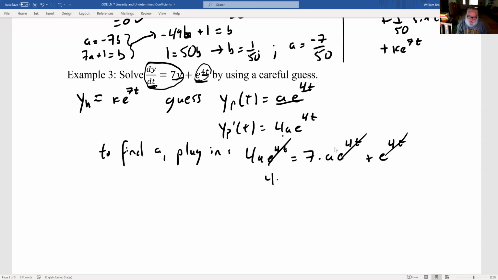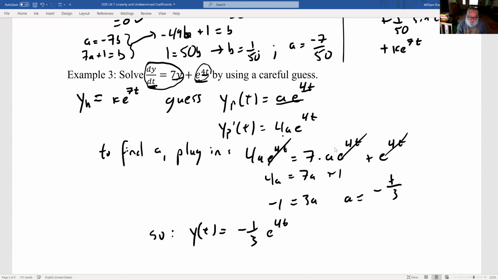I'm left with 4a equals 7a plus 1. Subtract 1 from both sides, subtract 4a from both sides. a equals minus 1/3. So our solution is minus 1/3 e to the 4t plus k e to the 7t. Our particular solution plus our homogeneous solution.